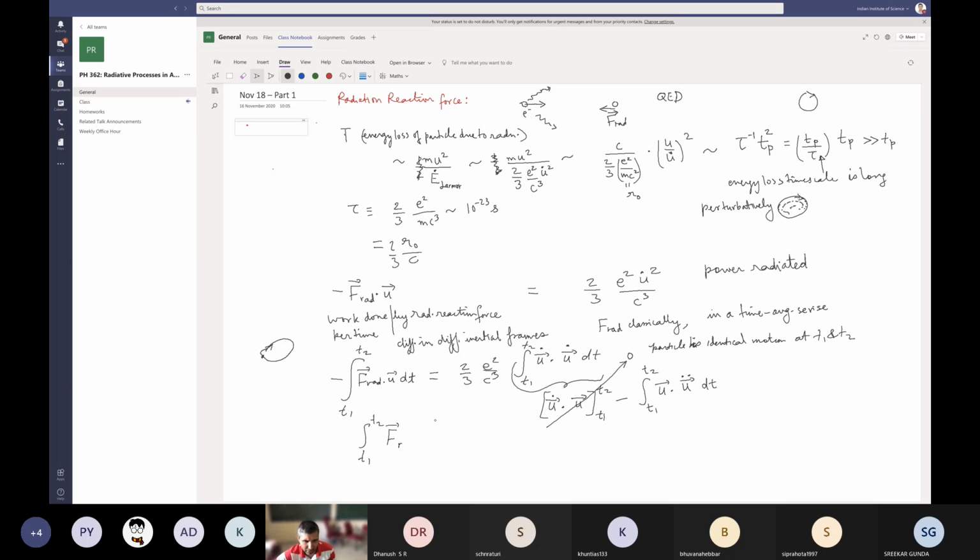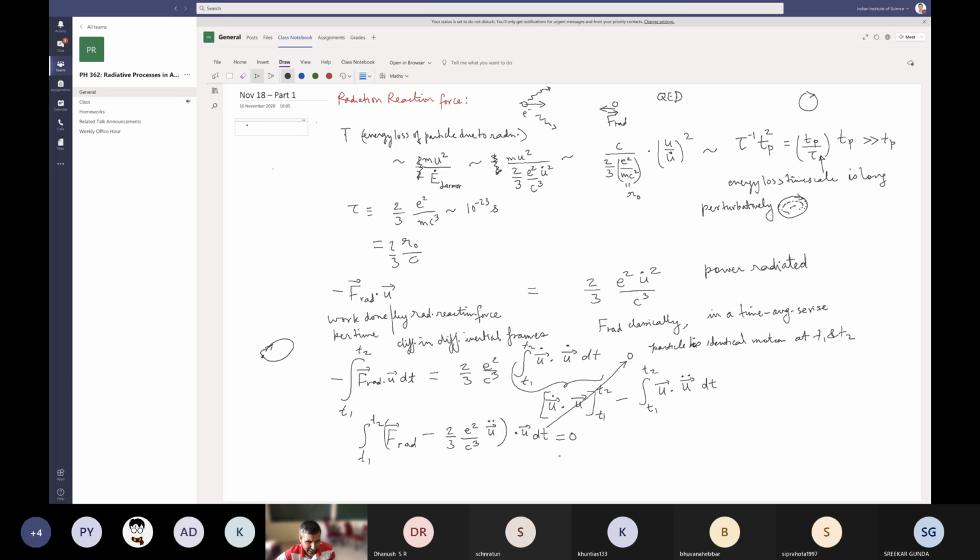Okay, now this becomes f. If we set that to 0, f rad minus 2/3 e squared by c cube u double dot dt is equal to 0, right? We have just brought it to the right hand side.